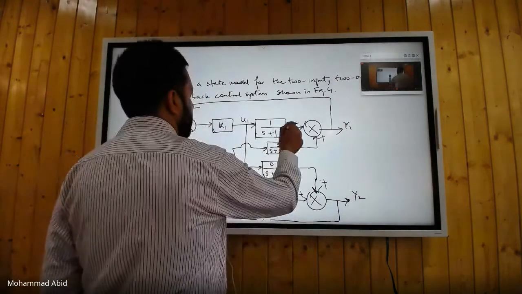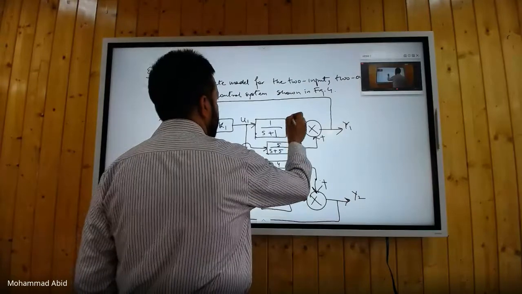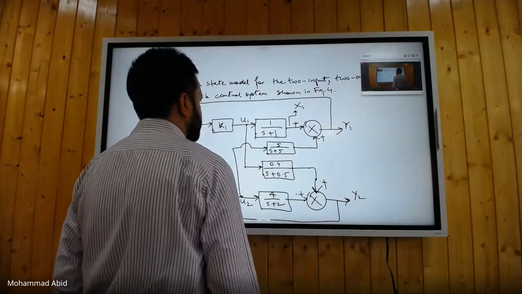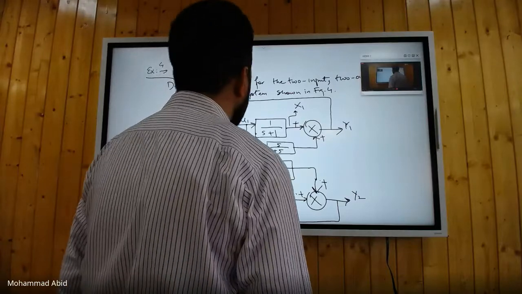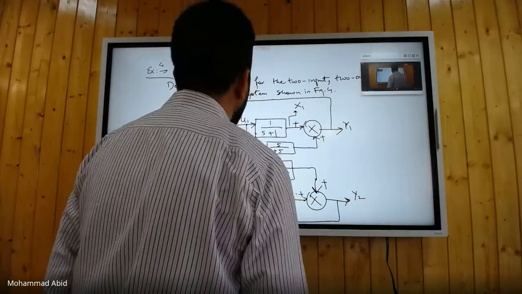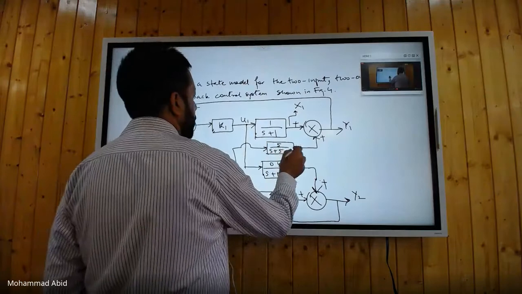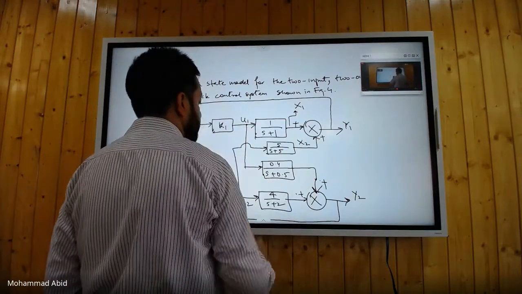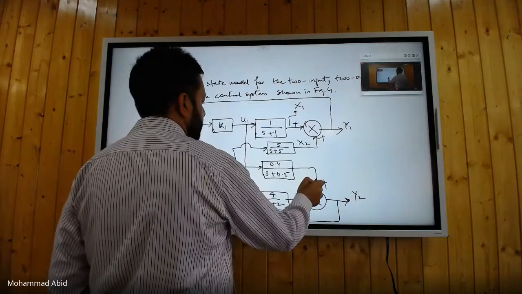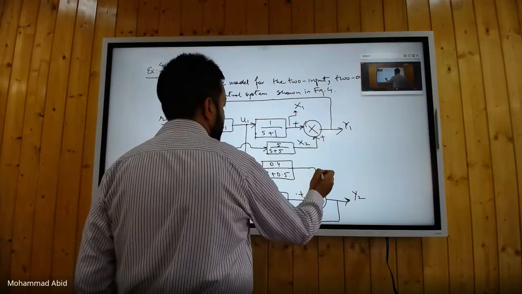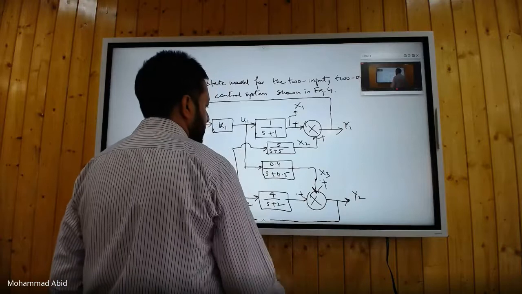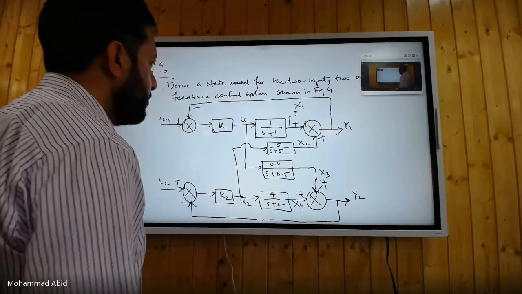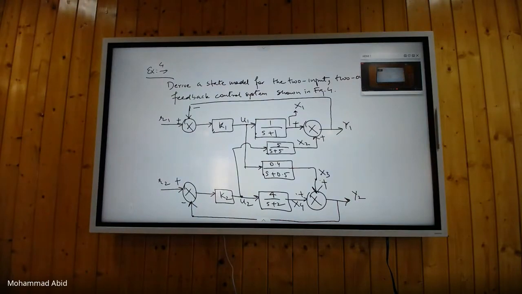So this is block number 1. Its output we'll call as x1. Okay. इस ब्लॉक के आउटपुट को हम x2 बोलेंगे. The output of this block we'll call as x3. The output of this block we'll call as x4. Is that okay?